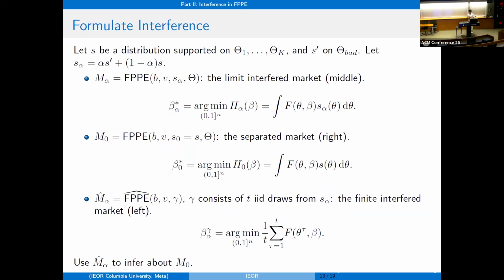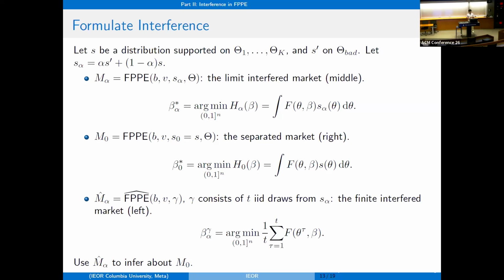And remember that for each FAPE, we can write down a convex program characterization of the market equilibrium. So we can also do exactly the same for the three markets that we just saw. Let S be a distribution supported on theta1 to thetaK, and let S prime be a distribution on the bad item set.